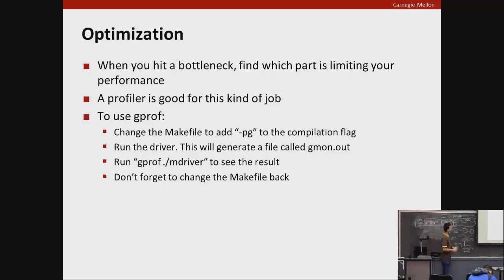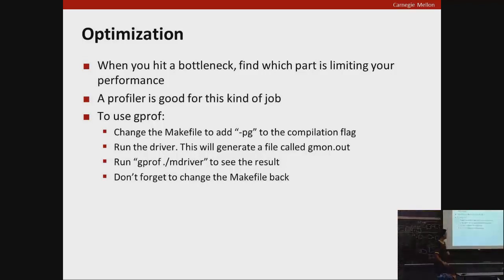And the other thing that you might see is you might be doing well in utilization, but the performance may be bad. For things like that, a good profiling tool will be useful. Some of the things that you could use is gprof. So make sure you have the -pg parameter in your makefile during compilation. And when you run this, you can just run gprof mdriver to see the results of the profiled evaluation.